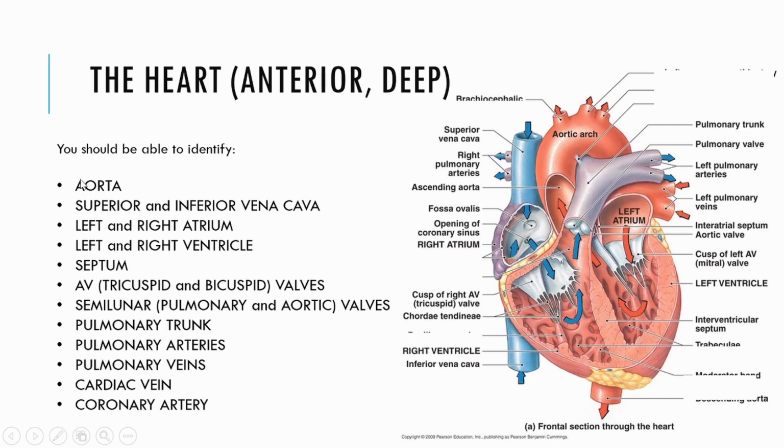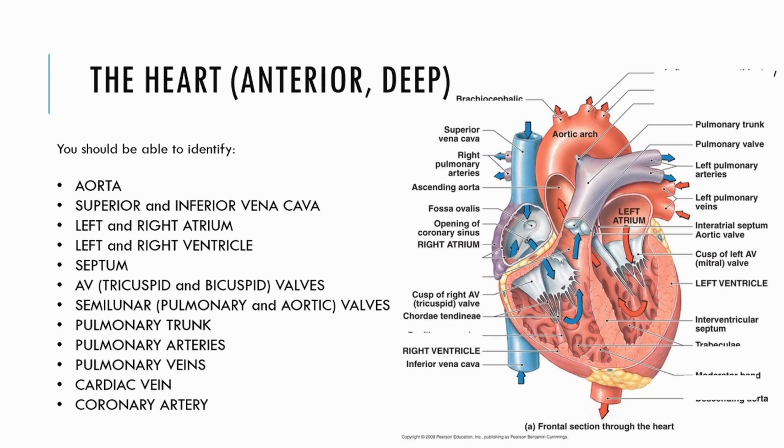But let's talk through the list of the things we should be able to identify. We should be able to identify from an image the aorta, the superior and the inferior vena cava, the left and right atria, the left and right ventricles, the septum, both AV valves, tricuspid and bicuspid, both semilunar valves, pulmonary and aortic, the pulmonary trunk, the pulmonary arteries, the pulmonary veins, what a cardiac vein is, and what a coronary artery is.